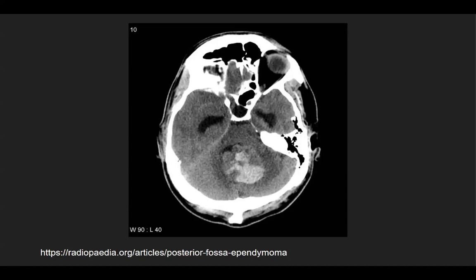The temporal horn is visible, most probably due to upstream hydrocephalus.